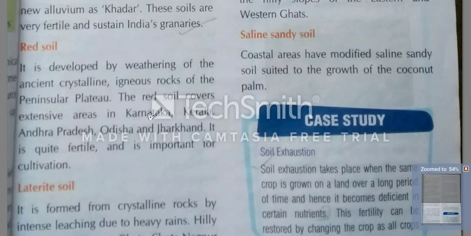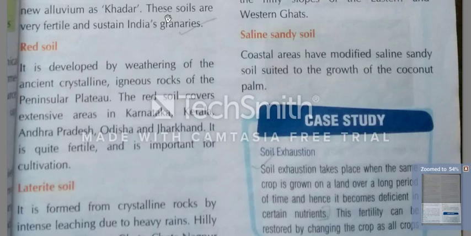The red soil covers these places in a vast area: Karnataka, Kerala, Andhra Pradesh, Odisha, and Jharkhand. It is quite fertile and important for cultivation. It is not as fertile as alluvial soil.